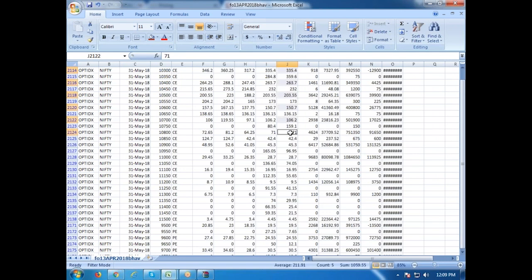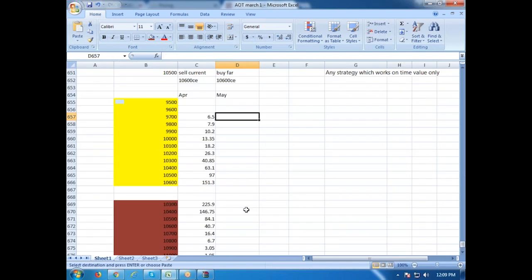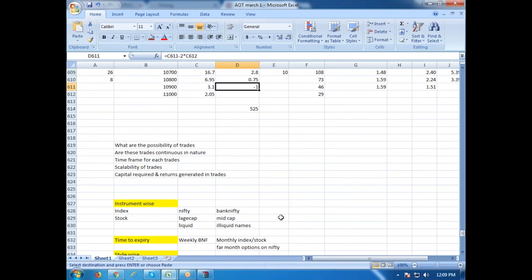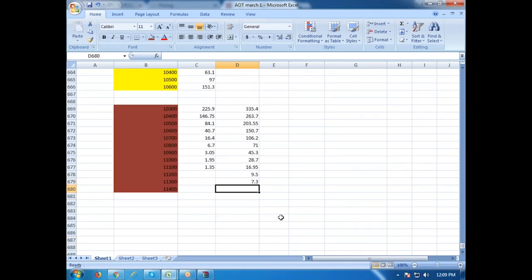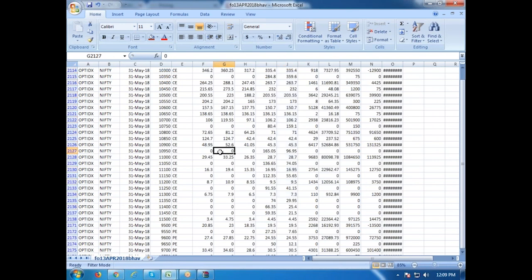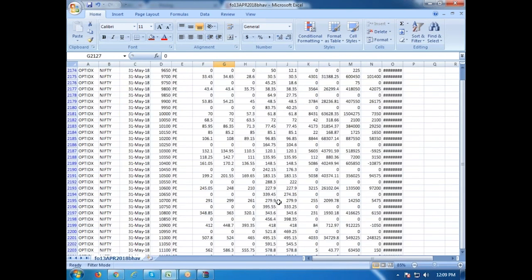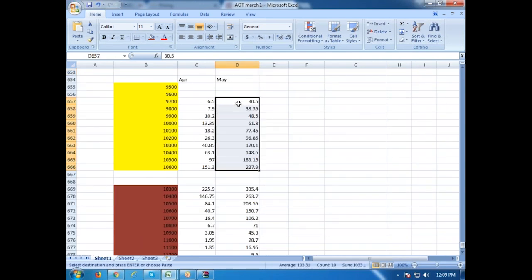400, 500, 600, 700, 800, 900. These are the May month put prices.